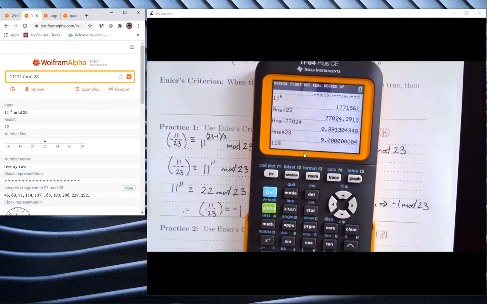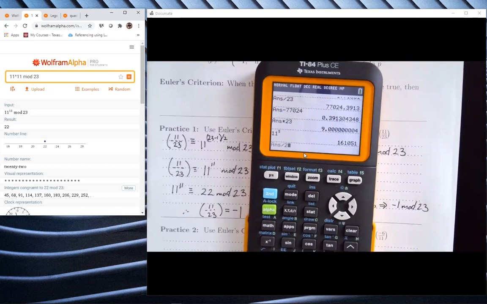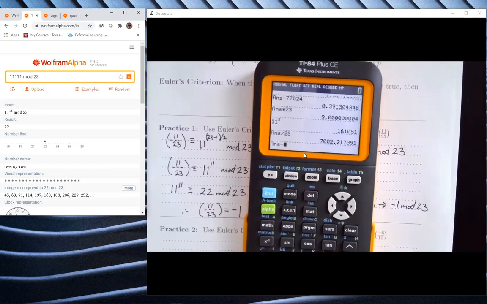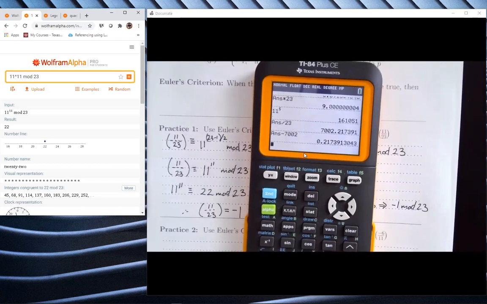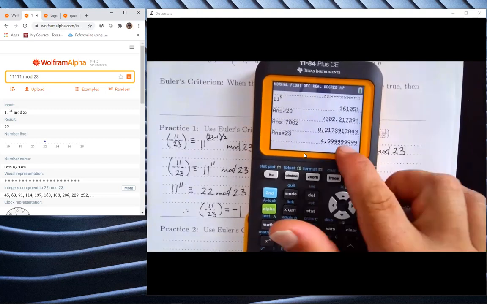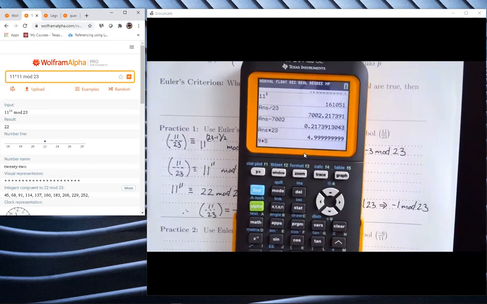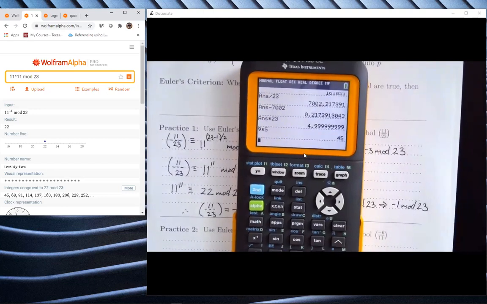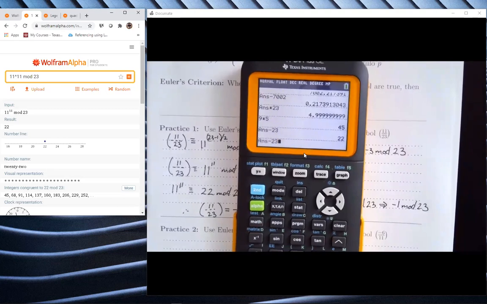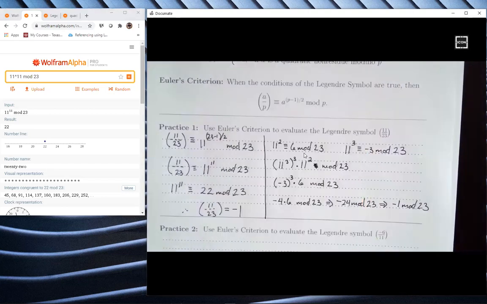And let's see, 11 raised to the 5th power divided by 23, subtract the integer component, find the remainder, and that's basically 5. And so I could also have that I have 9 times 5, which is 45, which is also -1 modulo 23. So different approaches that you could use to figure this out.